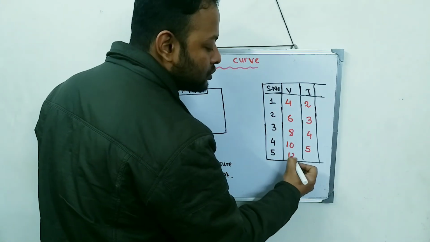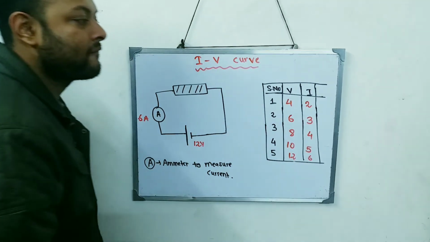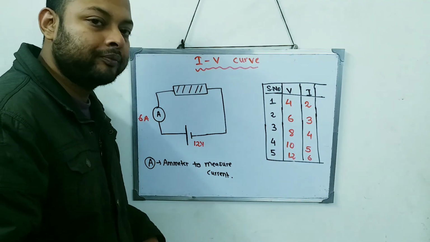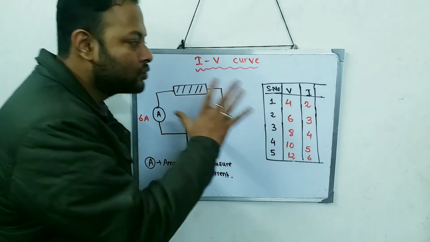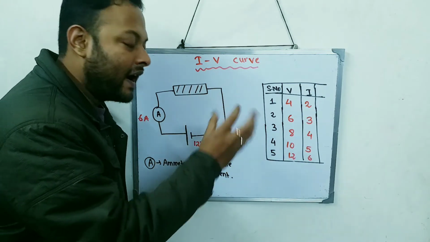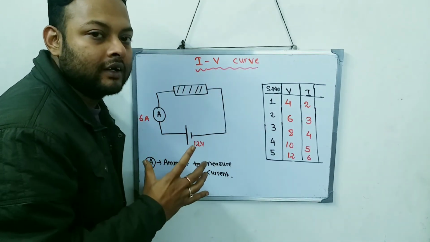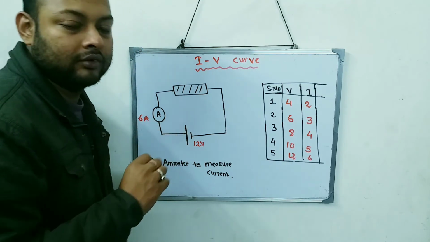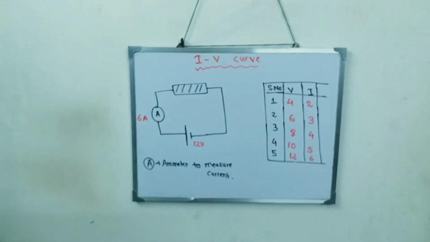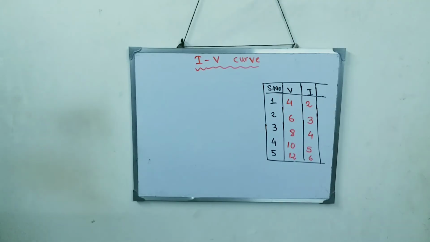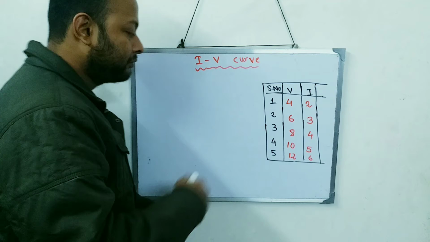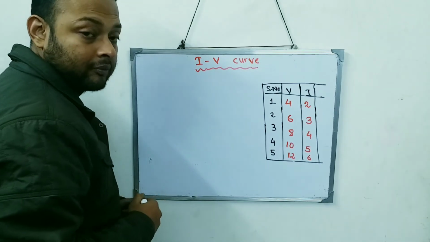So these are the readings that I got, right? Now the readings I have got, I have to plot in a graph.